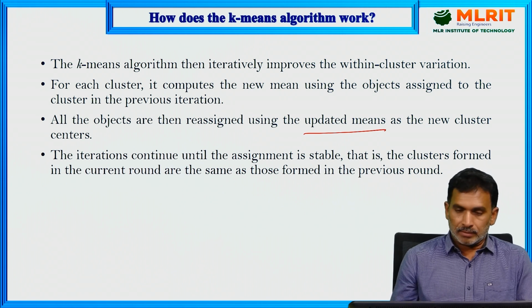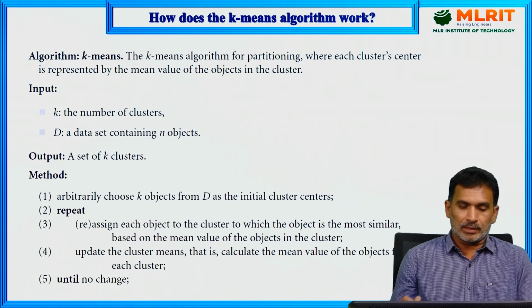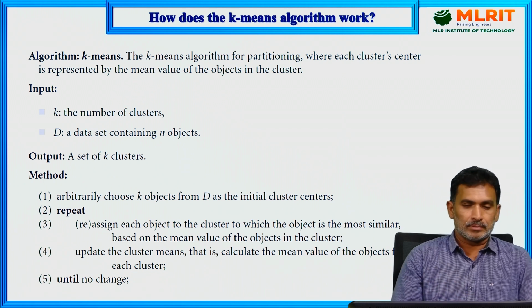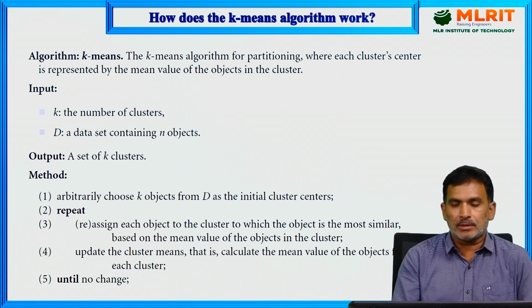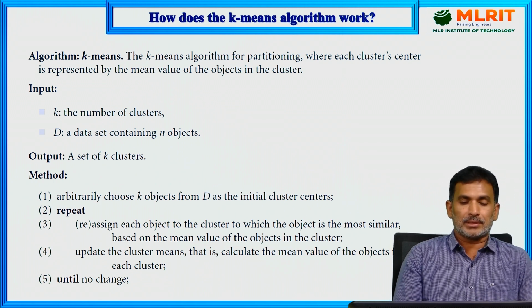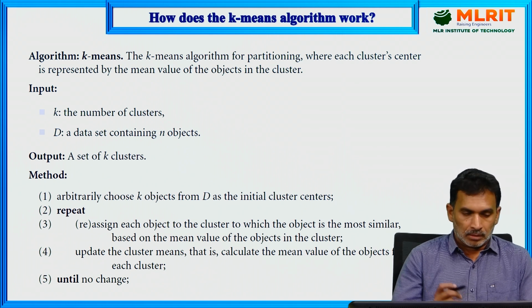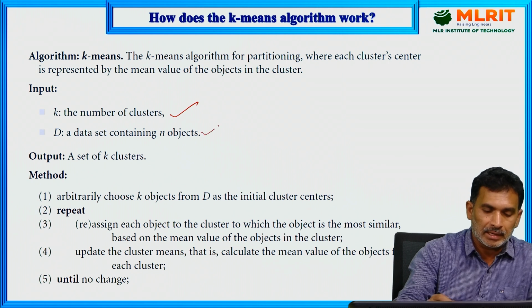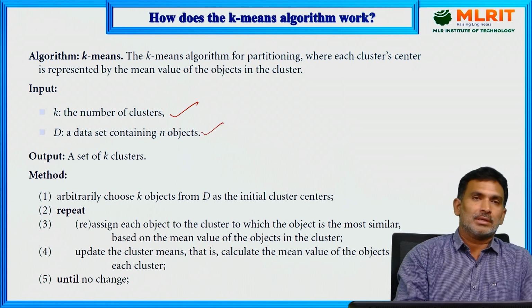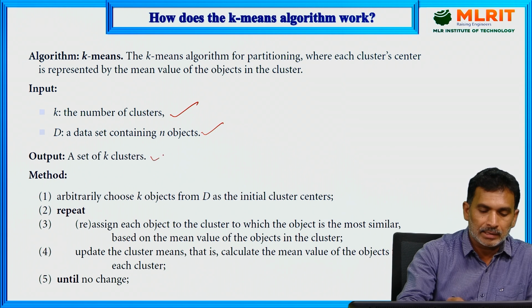Let us quickly check the algorithm for k-means. This is the algorithm for partitioning, where each cluster center is represented by the mean value of the objects in the cluster. The input parameters are the number of clusters K, and D, a data set containing n objects. The output is a set of K clusters.